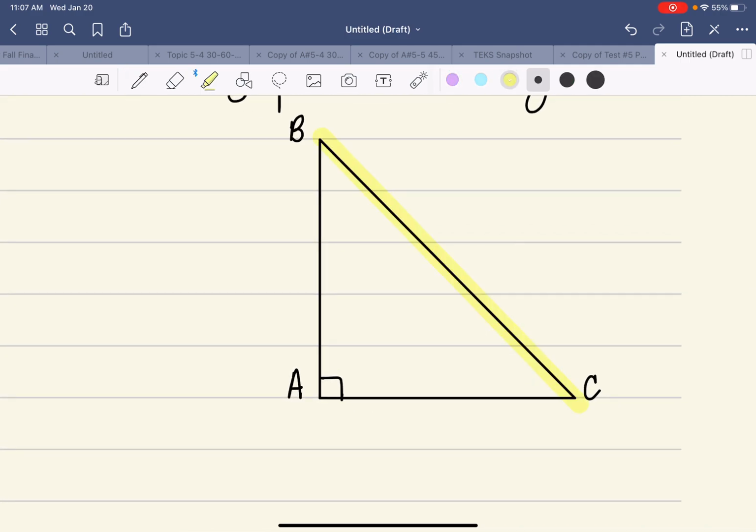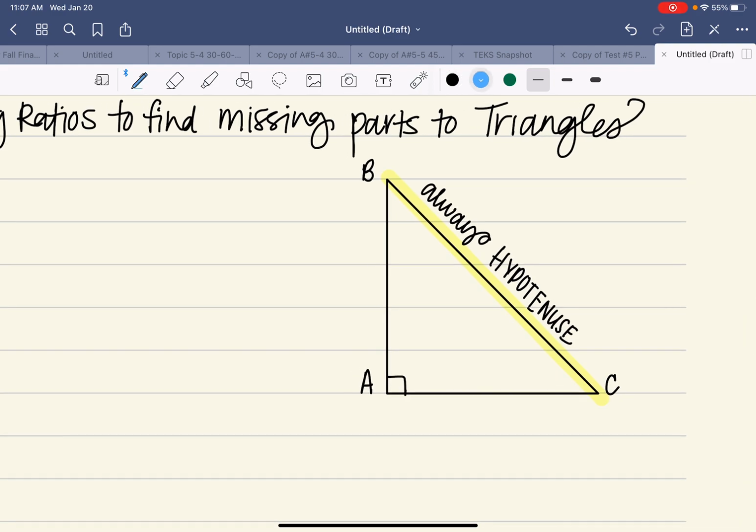So this part of the triangle that is always across the 90-degree angle is always the hypotenuse. Always. So if I am looking at the perspective of angle C, which does matter, the side across from it, diagonal from it, is known as the opposite side.